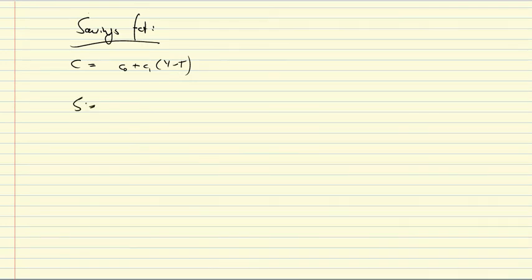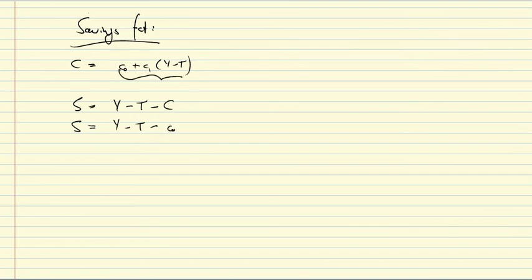Savings is everything that is left over after you received your income, paid your taxes, and consumed. So we can therefore write S equal to Y minus T minus C.